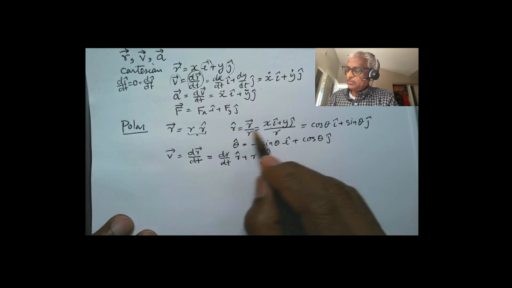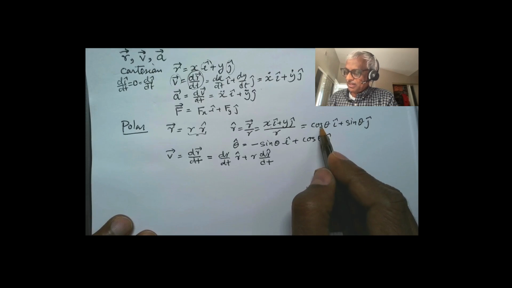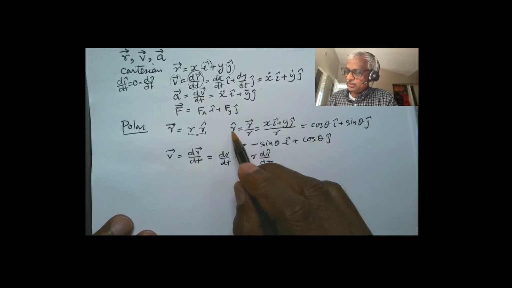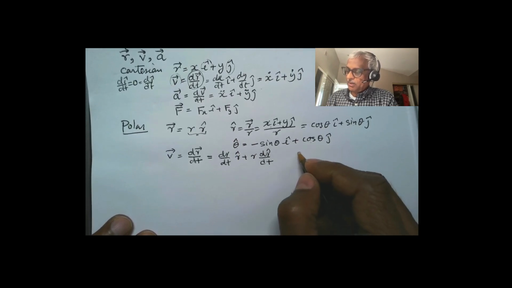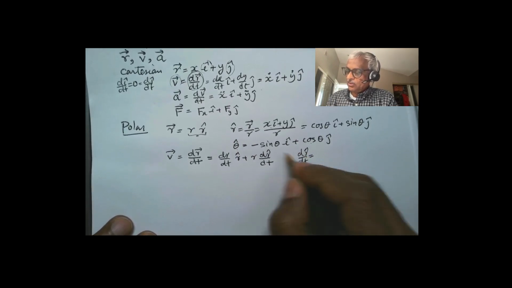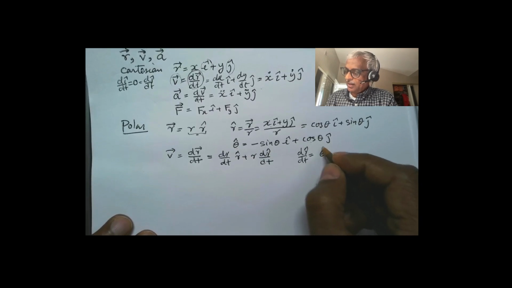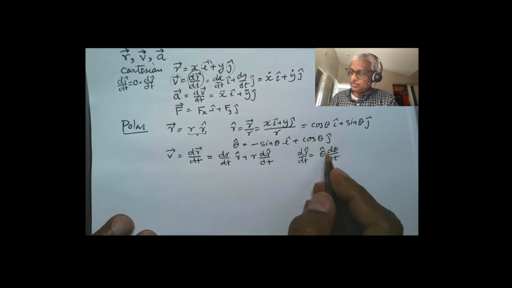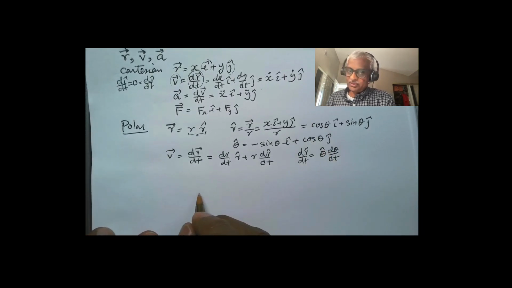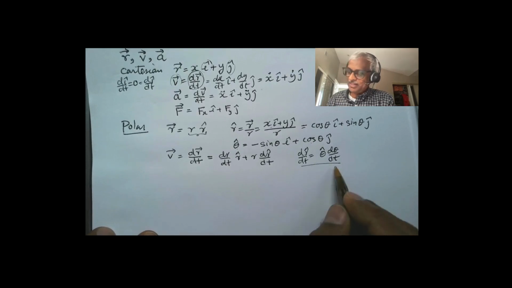If I take a time derivative of this, minus sine goes into minus cosine and cosine goes into minus sine, so d r hat/dt becomes theta hat d theta/dt. That's just from doing the derivatives. If you don't understand how I got it, just try to do it, and explicitly you get that answer.